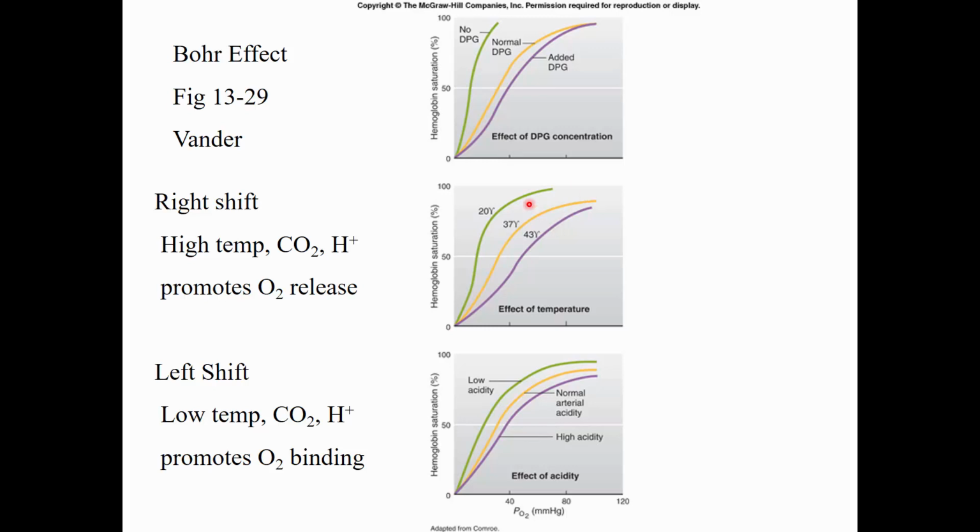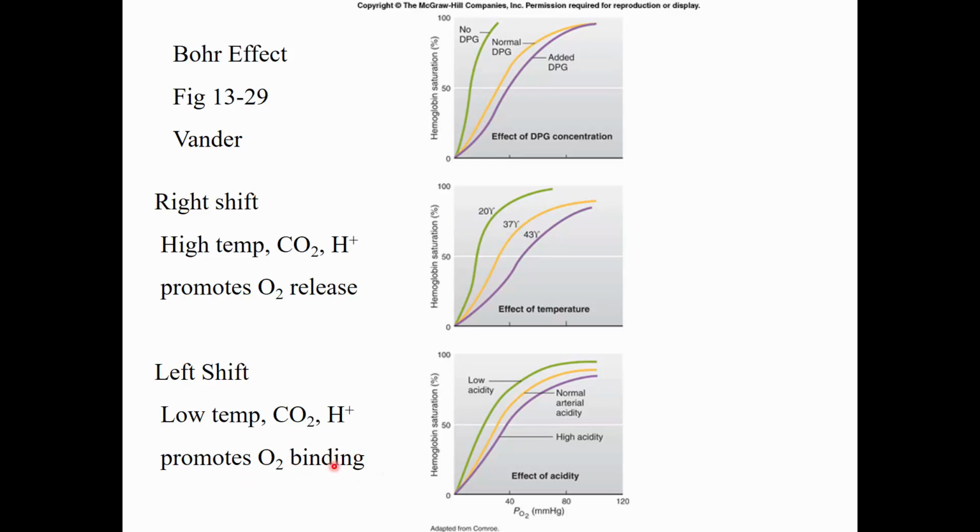Here's the Bohr effect. It means you can fine-tune the binding of oxygen to hemoglobin. So these yellow curves are all sort of healthy, normal conditions. You can shift the curve to the right, meaning promoting release, or you can shift the curve to the left, promoting binding.